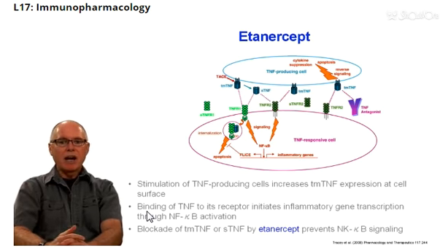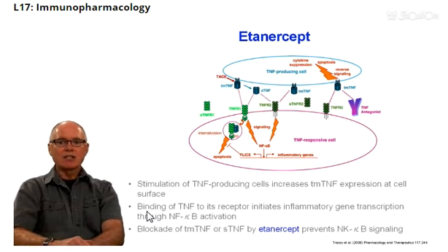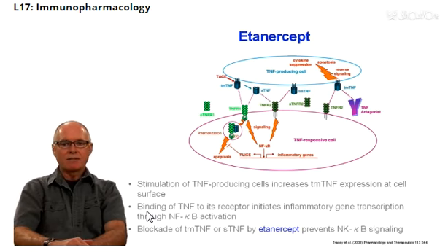TM-TNF can be cleaved by the TACE enzyme, and it's released outside the cell as soluble TNF, or sTNF. sTNF or TM-TNF can bind TNF receptor 1 or 2. Binding causes activation of NF-kappa B and transcription of inflammatory genes. Etanercept can block the action of TNF by binding either to the soluble form or the transmembrane form of TNF. When TNF does not bind to its receptor, NF-kappa B signaling is blocked and inflammation is reduced or prevented.